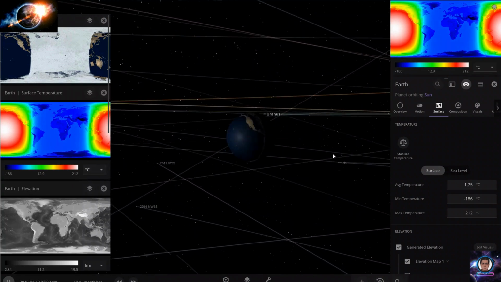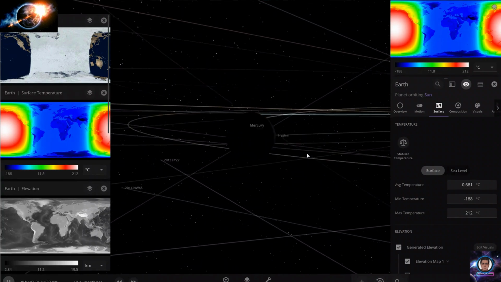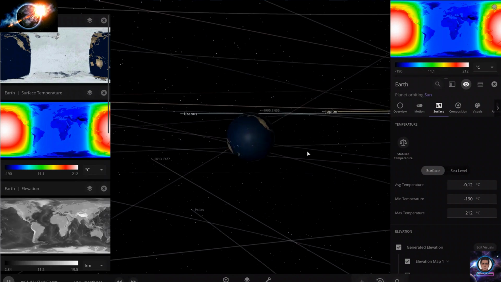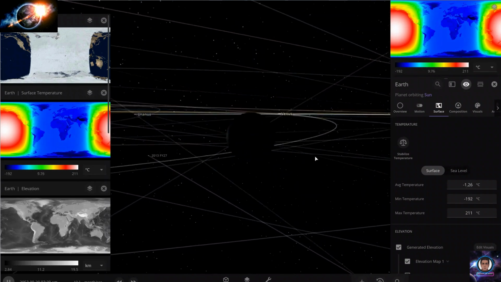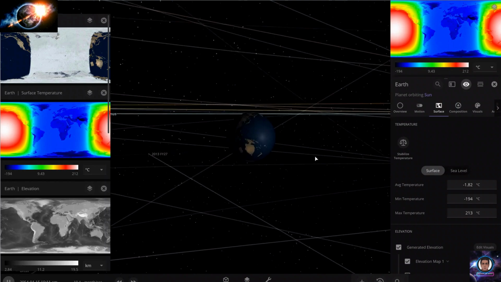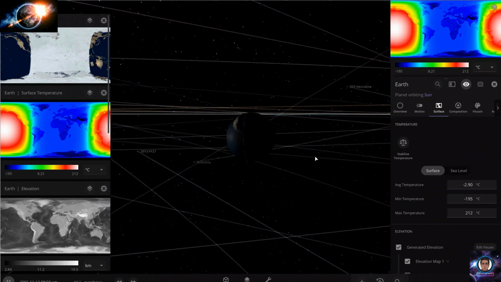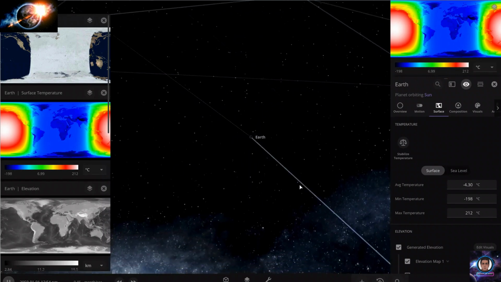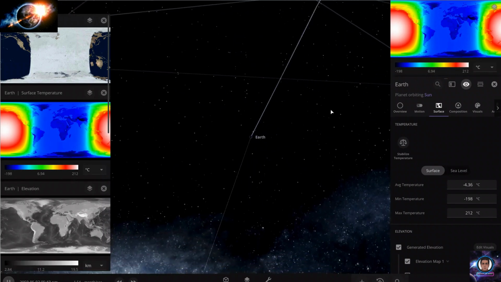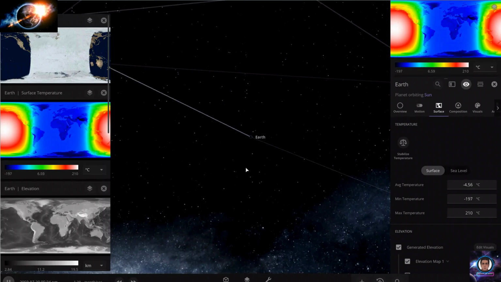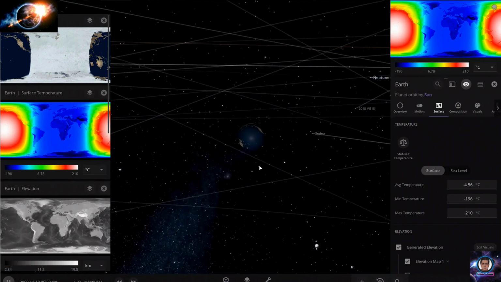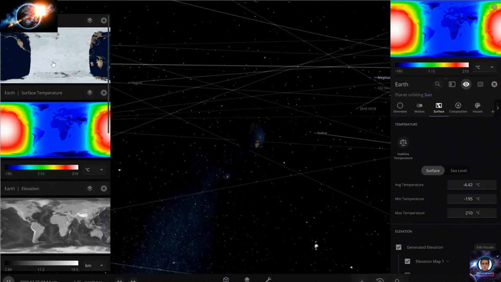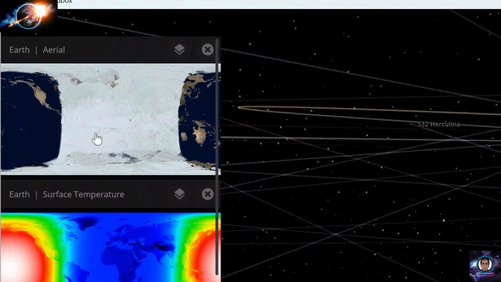So this is the simulation of a tidally locked planet, where one part of the planet is always faced toward the star, and the other part is always against the star. So half of the planet always sees the star, and it's always hot, as you can see in this map.